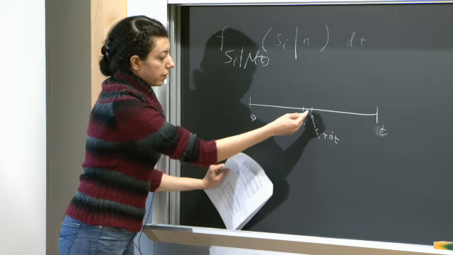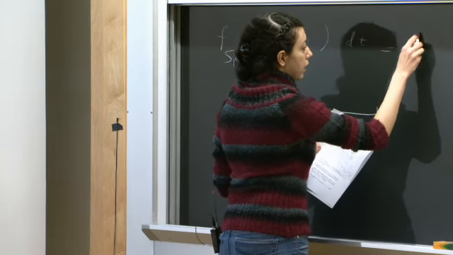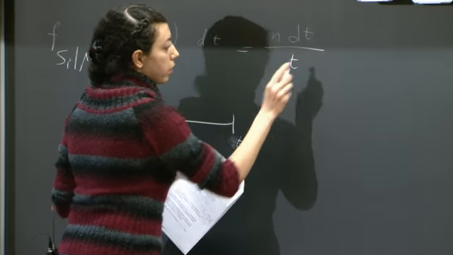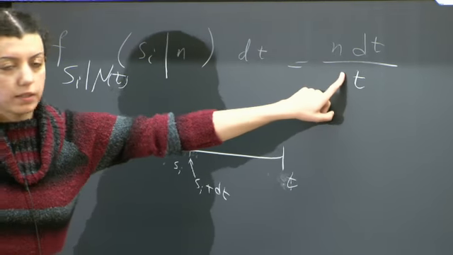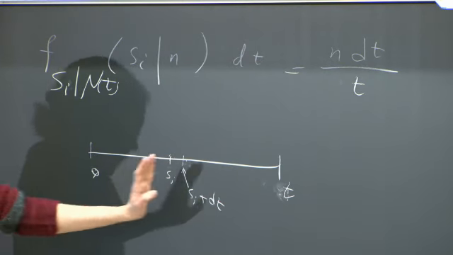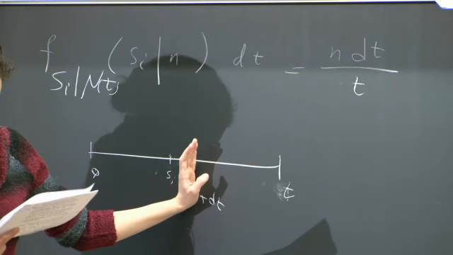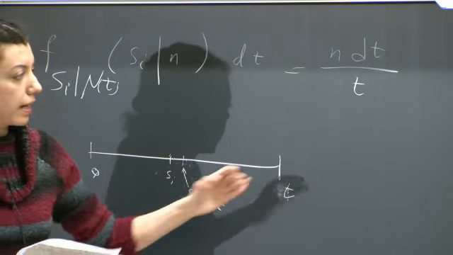So the probability of having one arrival here corresponds to, since the arrival times are uniform, and I want to have one arrival in this interval, it's like this. And I want to have i minus one arrivals here, and n minus i arrivals here.